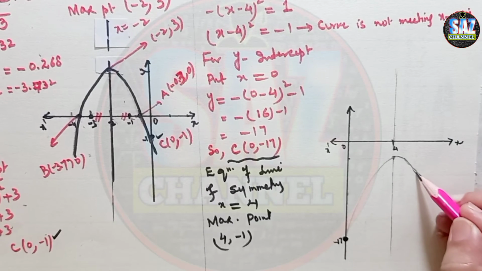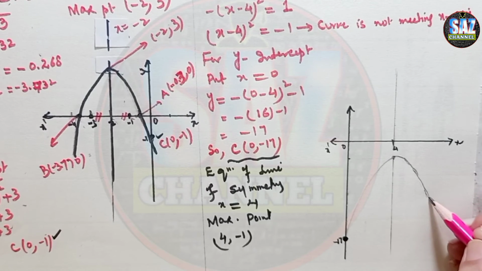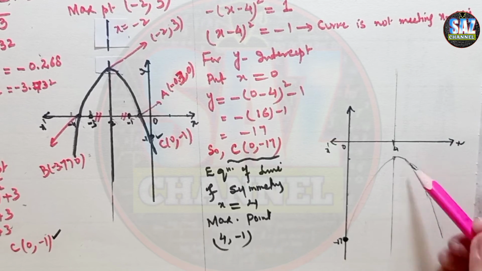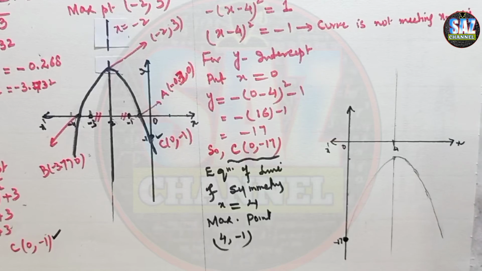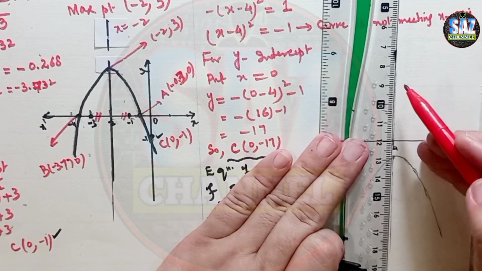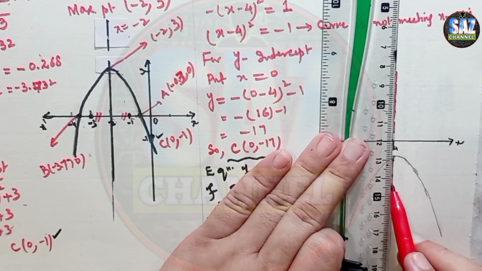So we have to draw this curve through observation as well, that on the other side of the line of symmetry, it should have almost the equal gap. So I hope we are able to get a good symmetrical curve, and it's giving us a very good U shape opening, but it's downward.